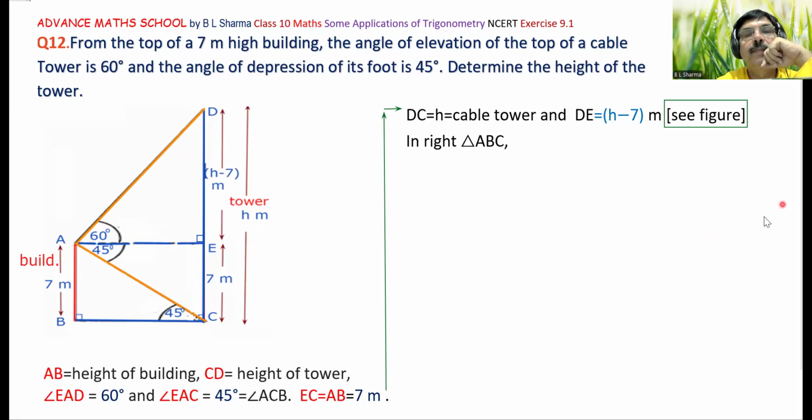Now, in the right triangle ABC, AB upon BC is equal to tan 45 degree. Tan 45 degree is equal to 1. So AB is equal to BC. This AB and this BC are equal, because AB is 7 meter, so BC is also 7 meter.